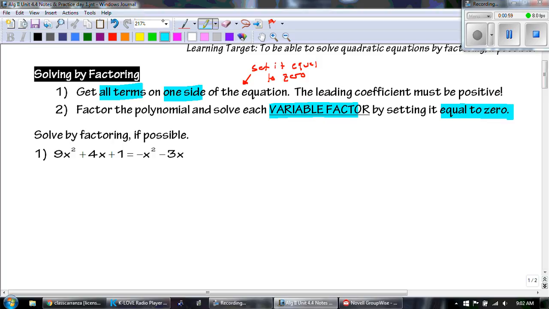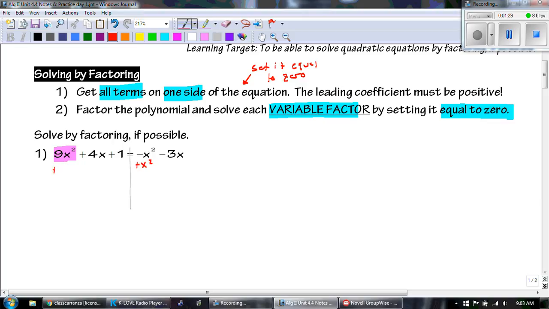So I have 9x squared plus 4x plus 1 equals negative x squared minus 3x. I want to move everything to one side and have my leading coefficient be positive. So I need to look at the x squared terms because those are the leading coefficients. Which one's bigger? Good, the 9x squared is bigger, so I want to keep that there.